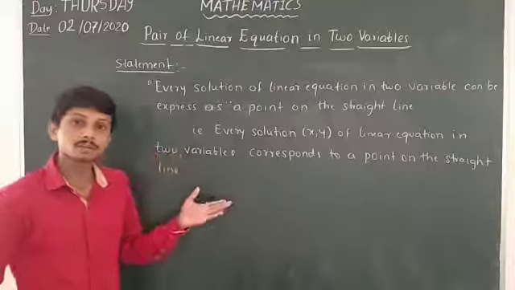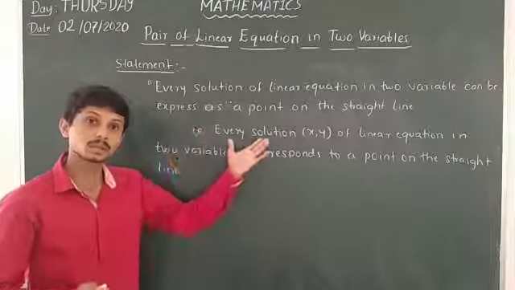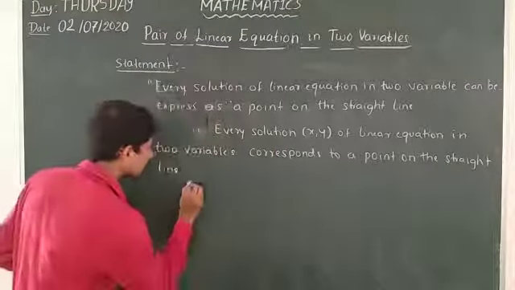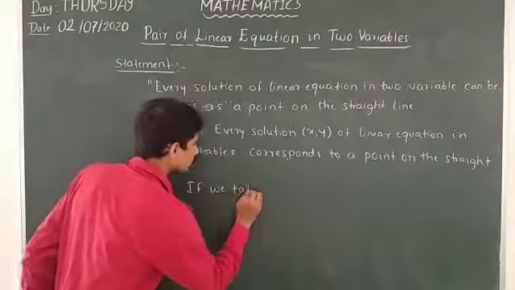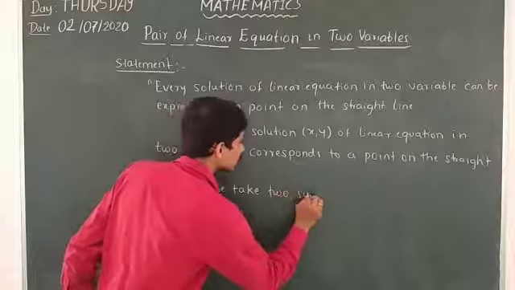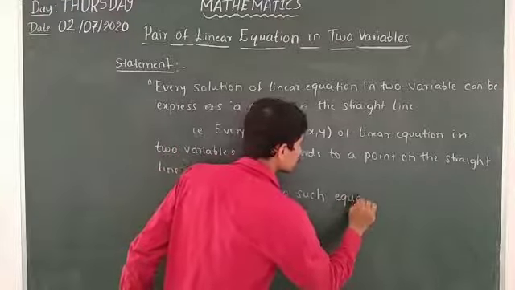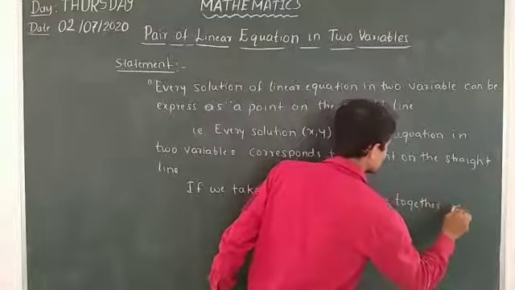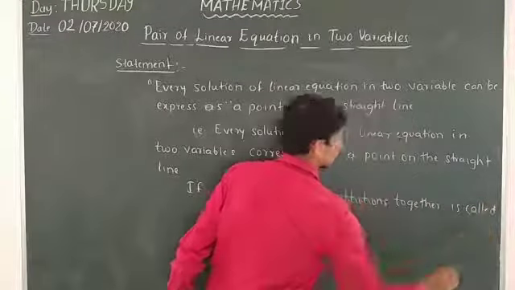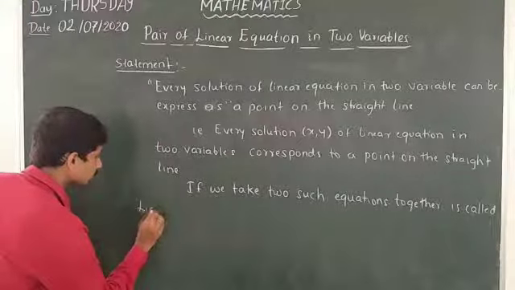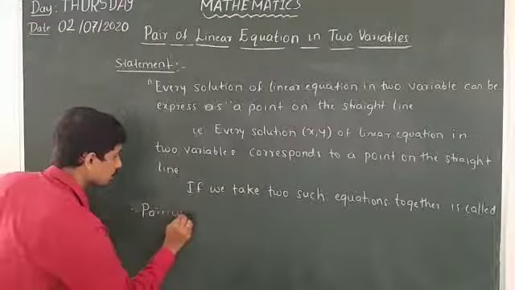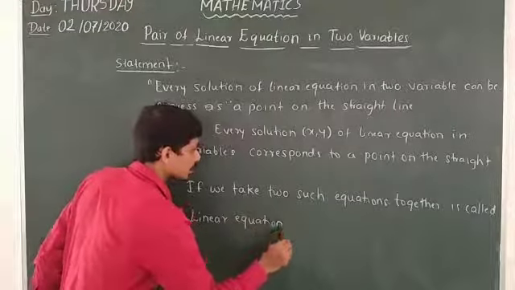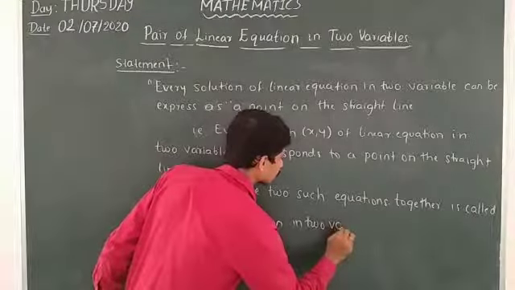So if we take two linear equations in two variables, two such equations together is called a pair of linear equations in two variables.